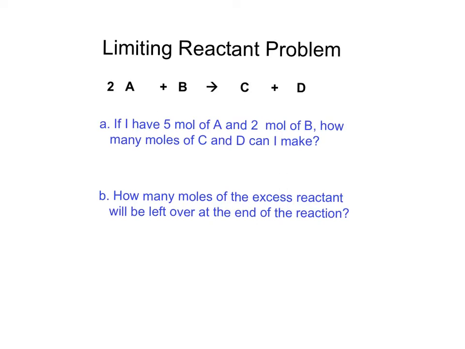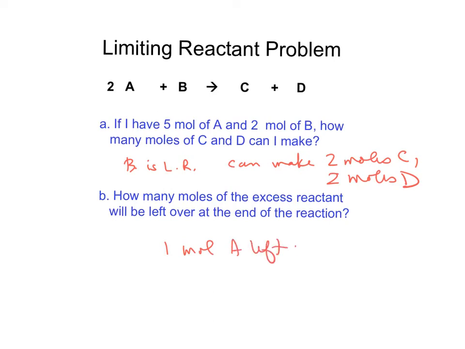So the answer here, just looking at it, is that B is the limiting reactant. And you have 2 moles of it, so you can make 2 moles C and 2 moles D, and there will be 1 mole of A left over.